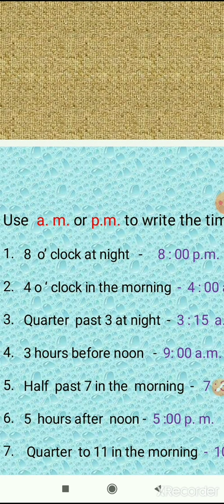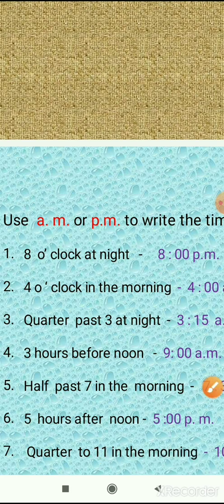We have learned that the time between 12 noon and 12 midnight is denoted by PM. It's night time, so surely we denote it as PM. So we write this time as 8 PM.